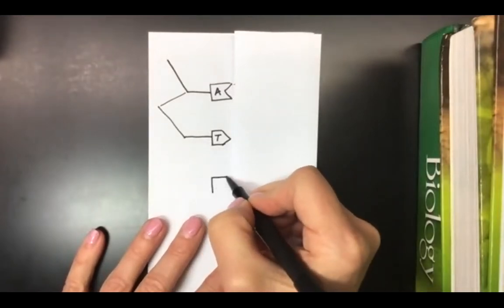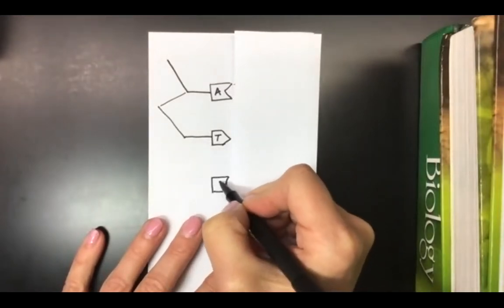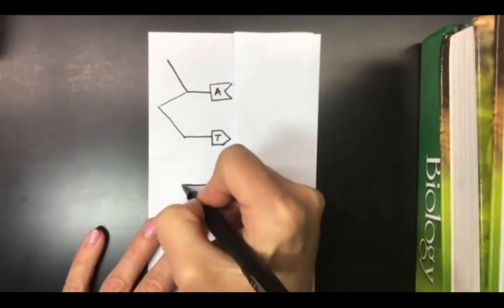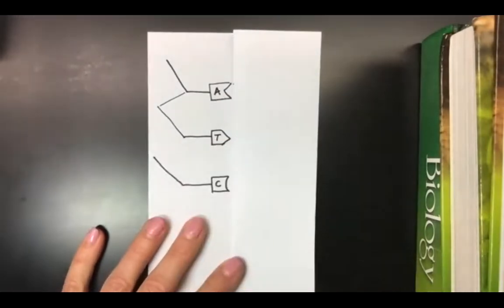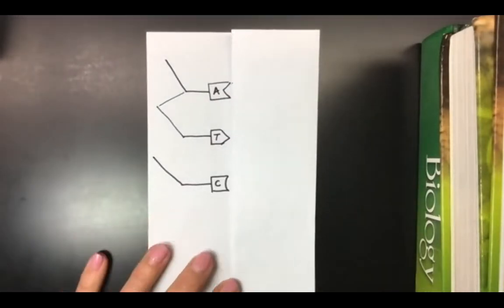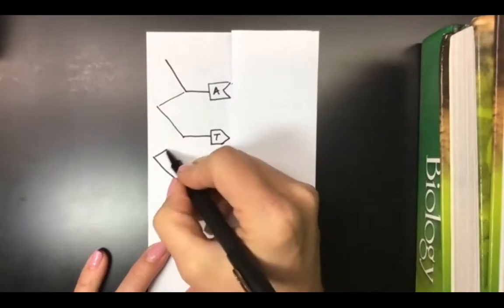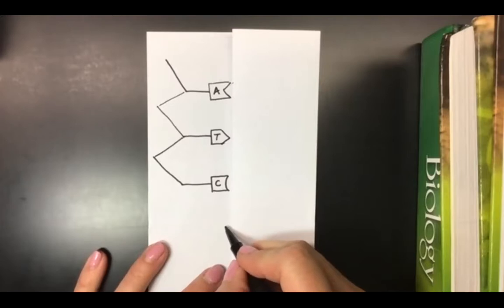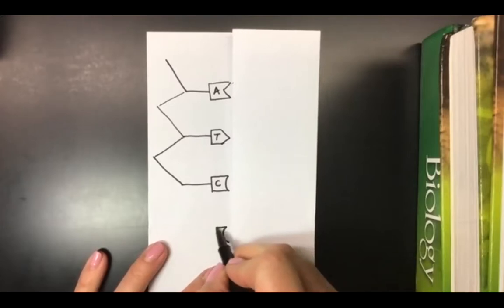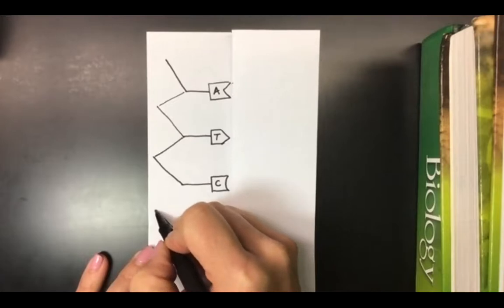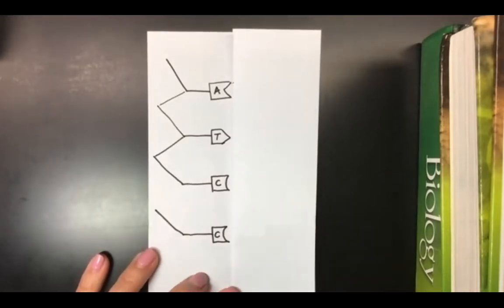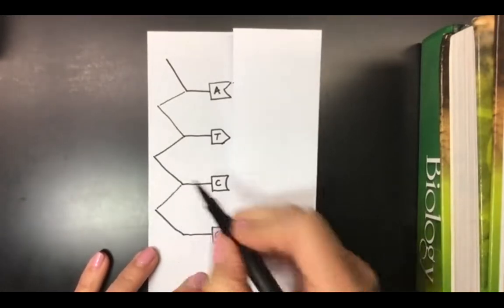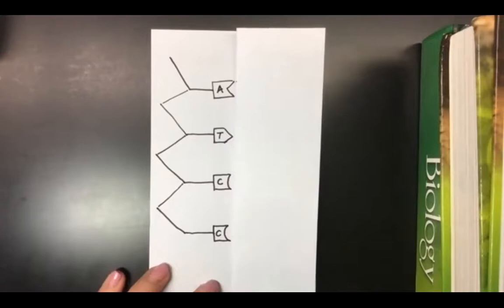My next one is going to be a C, and its nucleotide, and a covalent bond attaching that to the nucleotide above it. I'm going to make a second C, again with its nucleotide and a covalent bond attaching it.